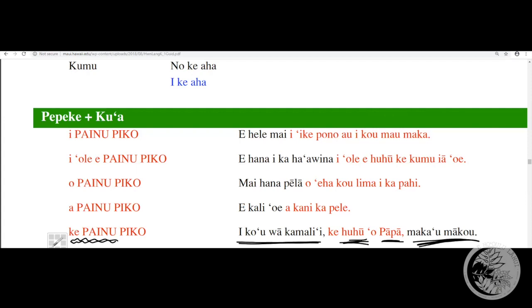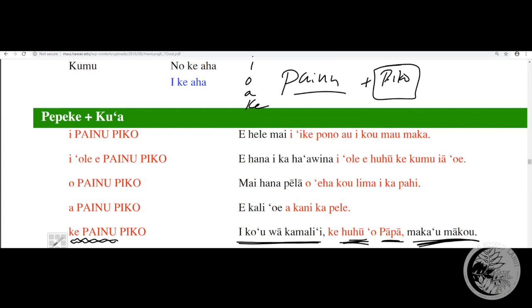So again, to remember, the ku'a are always followed by a painu. Always followed by a painu. So whether it's I, whether it's o, whether it's a or ke, always followed by a painu, and it may include a piko, depending on the so-called context.